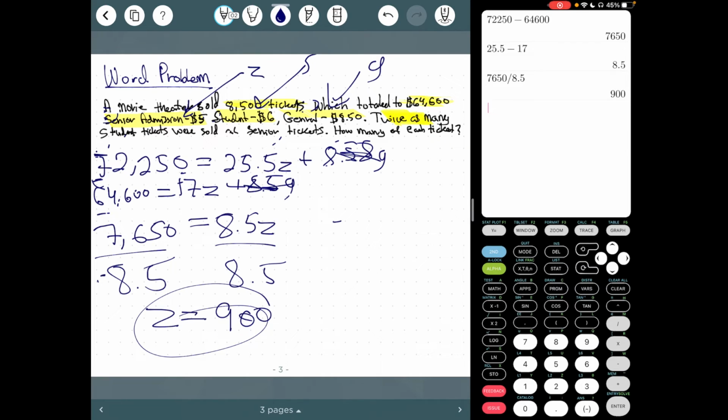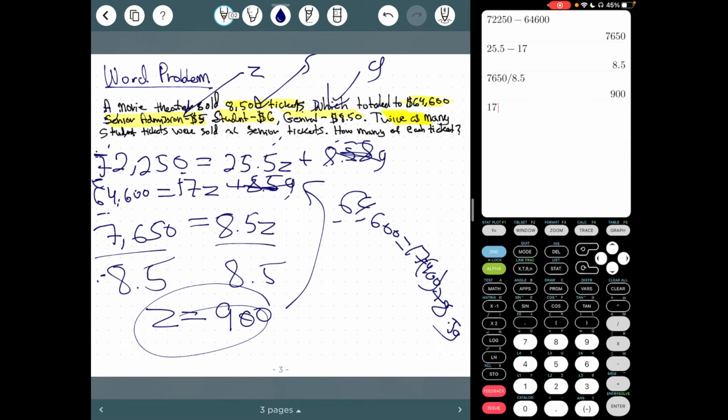So now what we can do is plug this back into this initial equation. So 64,600 equals 17 multiplied by 900 plus 8.5g.